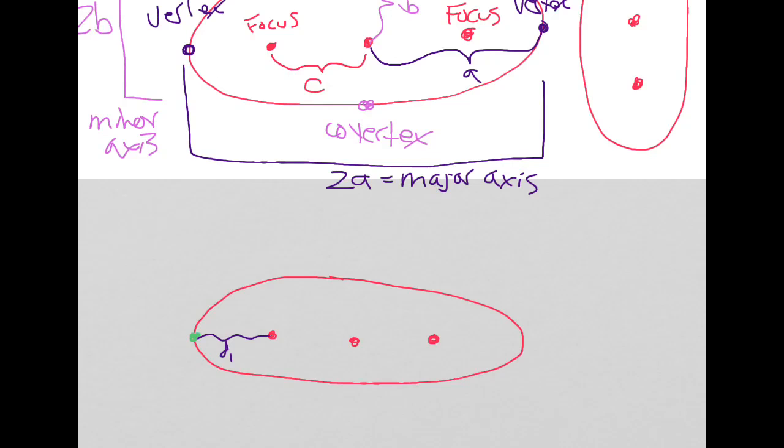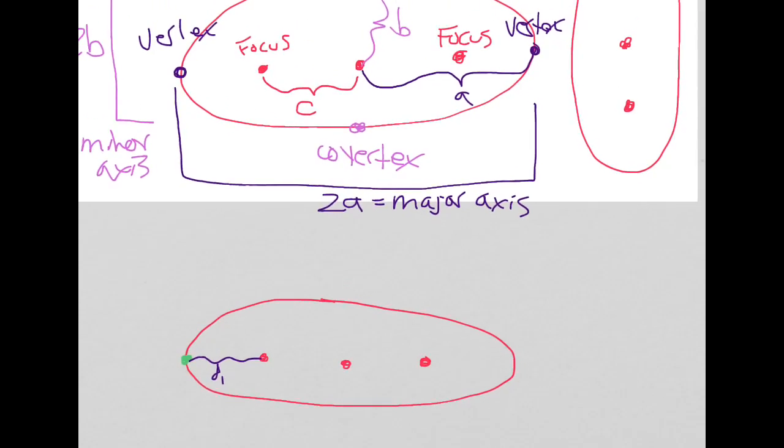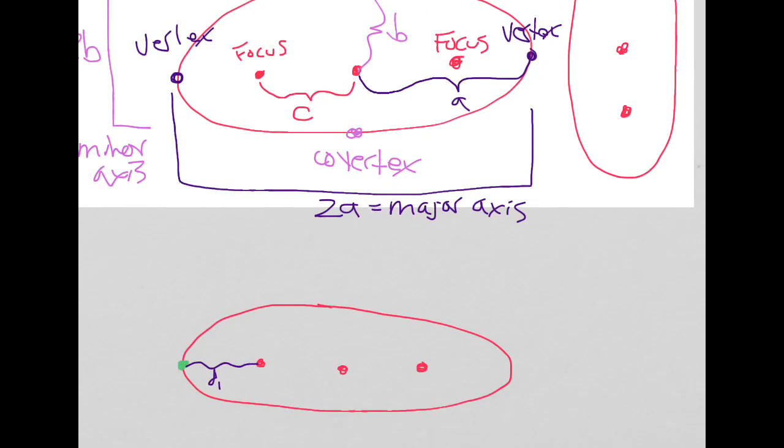And let's think about what the value of that is. We know that bit right there is going to be this length of a minus this length of c, right? Because from there to there is a, and from there to there is c, so D1 is going to be a minus c. So let's say D1 equals a minus c.